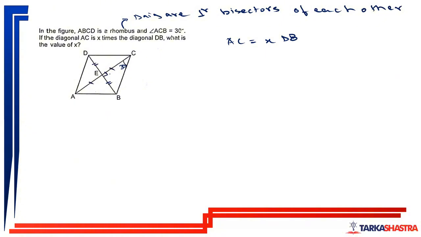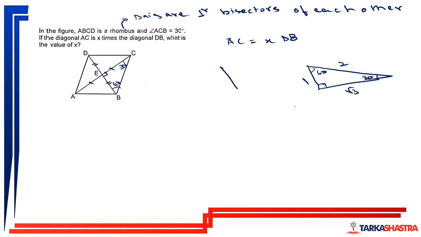If this is 90, this is 30, this has to be 60. According to the 30, 60, 90 triangle, opposite to 30 is 1, opposite to 90 is 2, opposite to 60 is root 3.